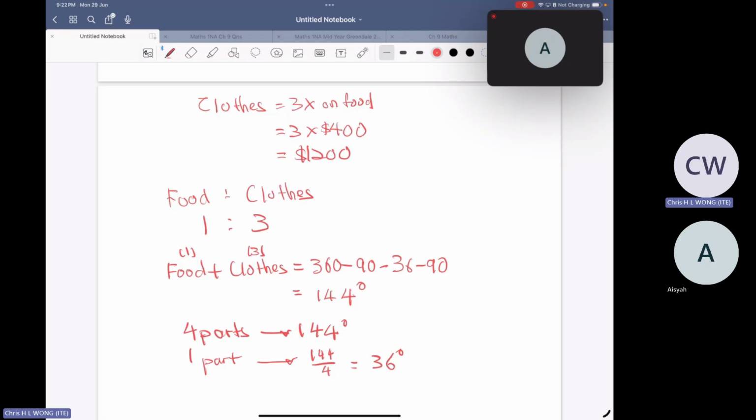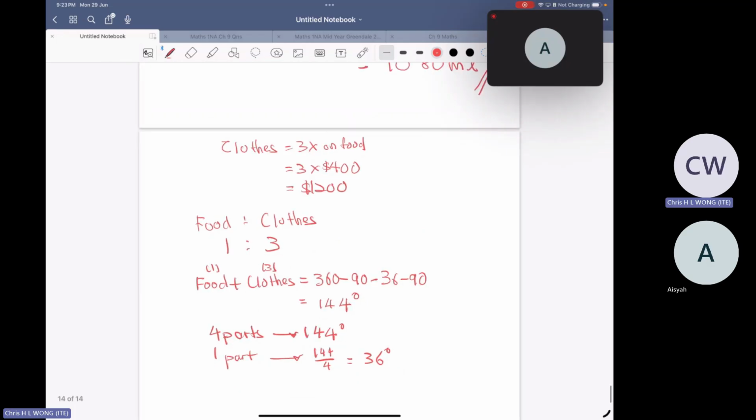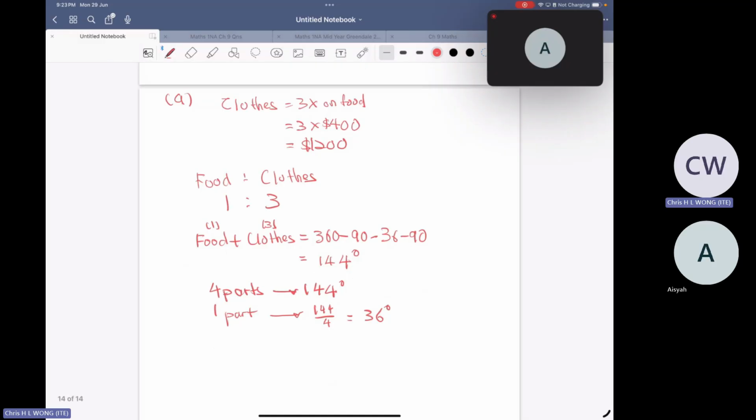You want the percentage she spent on food as a percentage of the amount she saved, right? Food is 36 degrees. So 36 degrees over savings, how many degrees? 90 degrees, right? 36 over 90 times 100%. That's the answer.